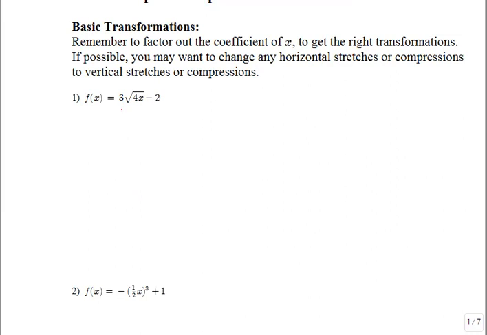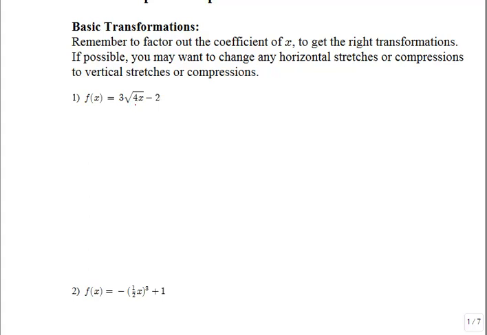In addition, in this example up here for number 1, right now this 4 is acting like a horizontal compression by a factor of 1/4. And usually I find it a little bit more difficult to graph things with horizontal stretches or compressions. So I personally like to change things to vertical stretches or compressions if it's possible to do so.